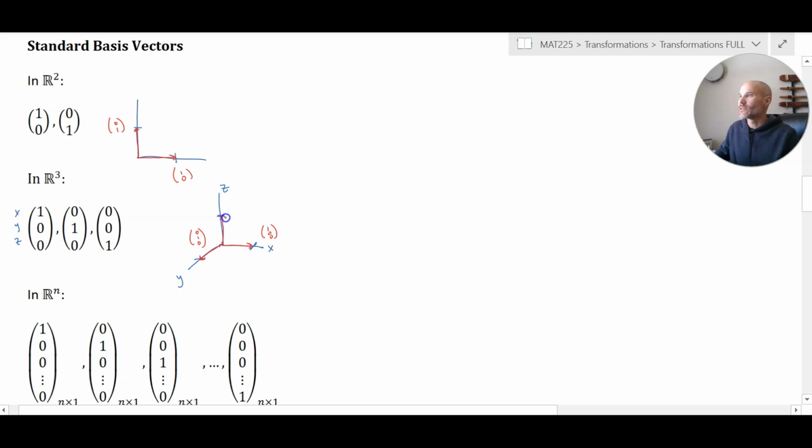And finally, 0, 0, 1 would only point in the z direction. Once again, they make up the 3 axes that we have.